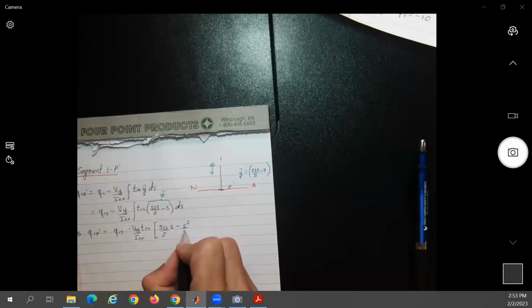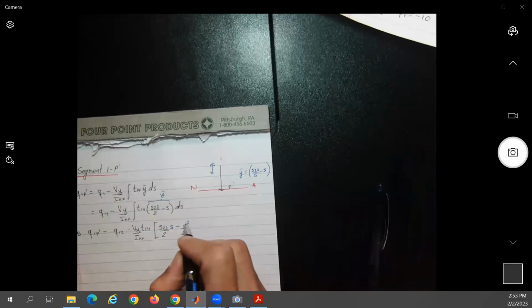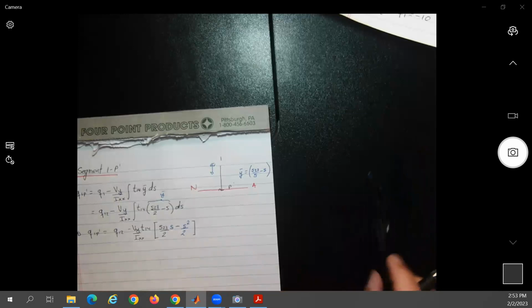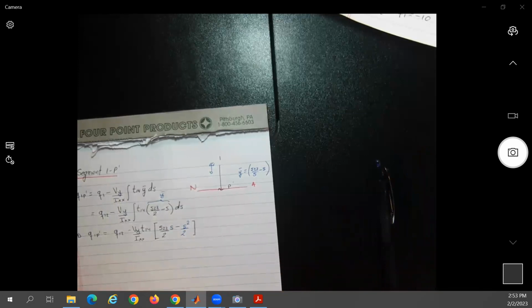The integral for this one will be S squared over 2. But remember, I'm doing it symbolically because that's the way I have it. So hopefully I have the numbers for this one, the calculations. This is Q1P. So I guess this is this equation here.